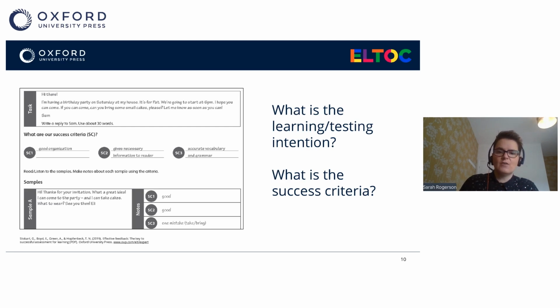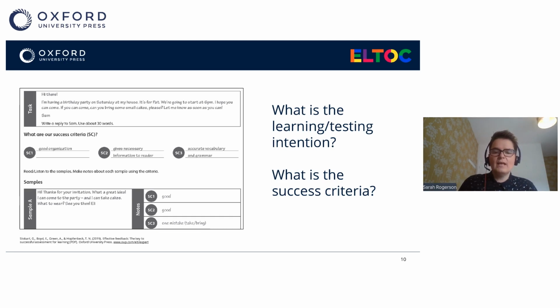And the success criteria are good organization, give necessary information to the reader, and use accurate grammar and vocabulary. So this is a way of making learning or testing visible in a more assessment of learning approach.